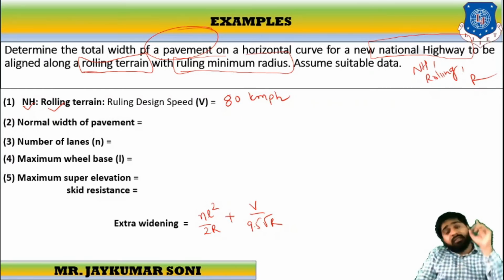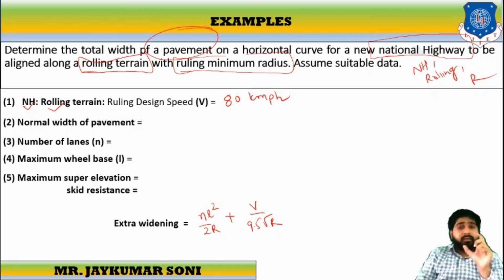There is a table given in the design speed segment of the chapter on geometrical design. In the beginning of this chapter, you will find a table where it is given that if NH is there and plain terrain is there, the speed is this. If NH is there, rolling terrain is there, then the speed is this. So the speed will be 80 kmph. So we have the speed, right?